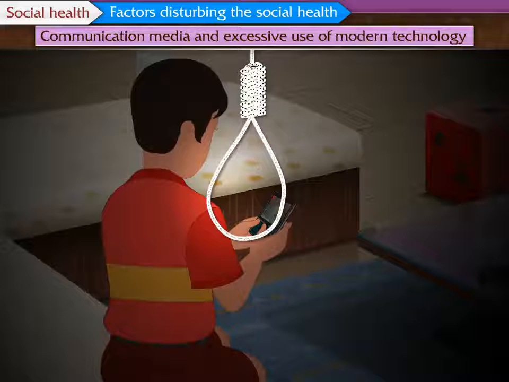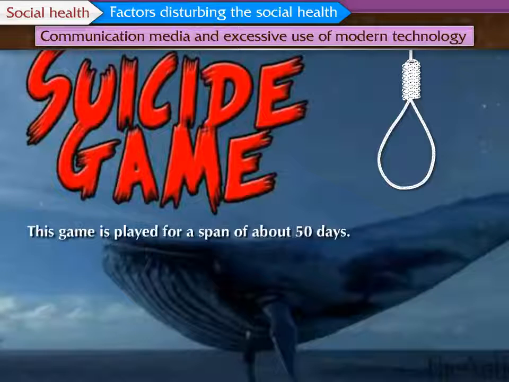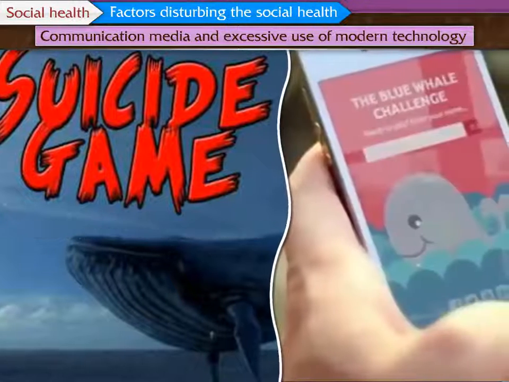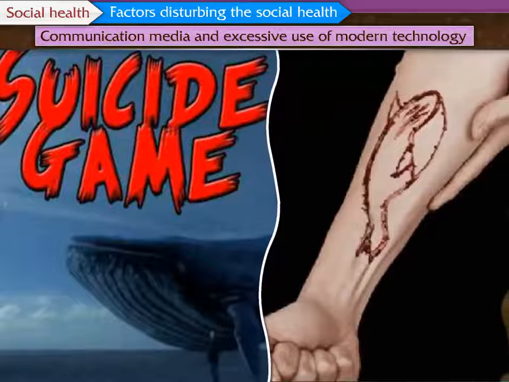One of the famous examples of such games is the Blue Whale game. You might have definitely heard about this game. This game is played for a span of about 50 days. At the start of this game, the participant is instructed to draw an outline of blue whale on his skin.